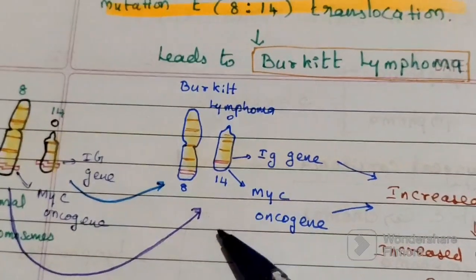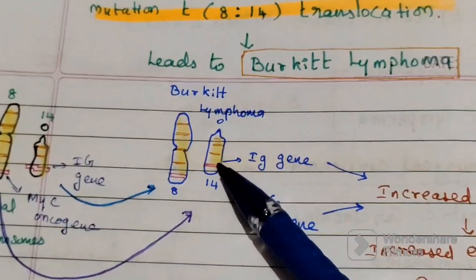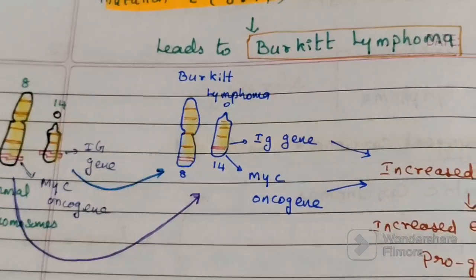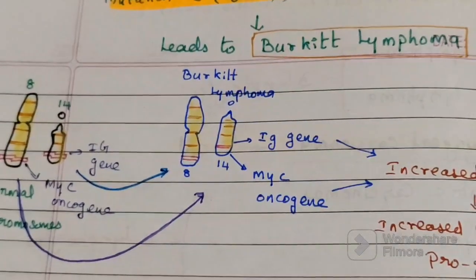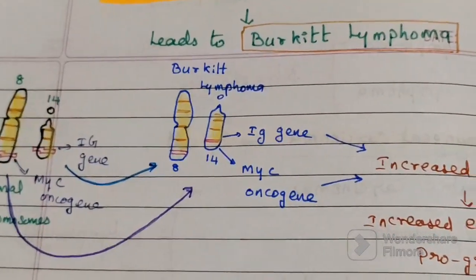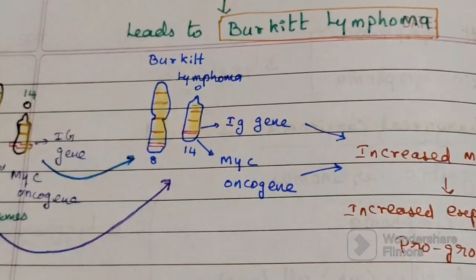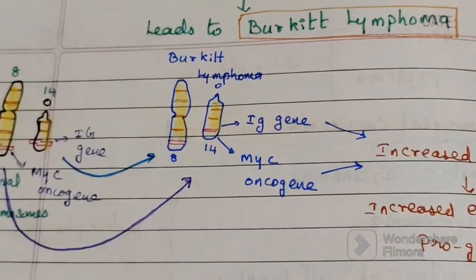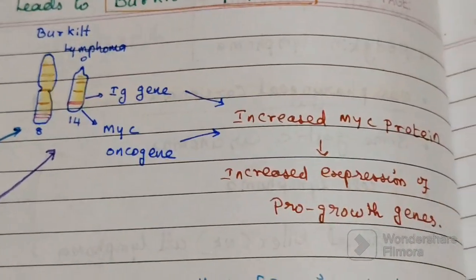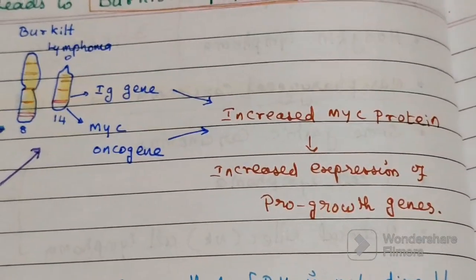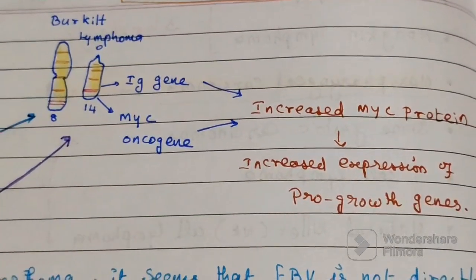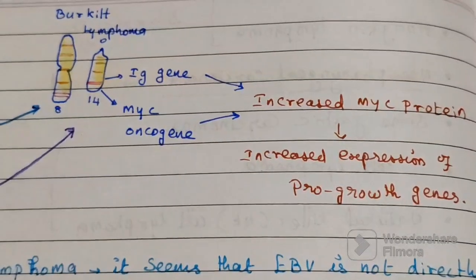Now chromosome 14 has two genes, the immunoglobulin gene and the MYC gene. Now a fusion gene is formed, because of which there is increased expression of MYC protein. So it will proliferate and lead to Burkitt lymphoma.